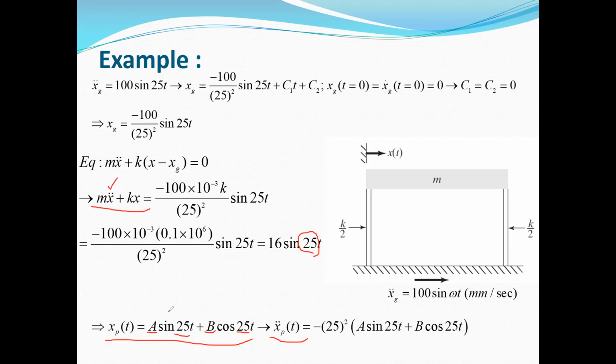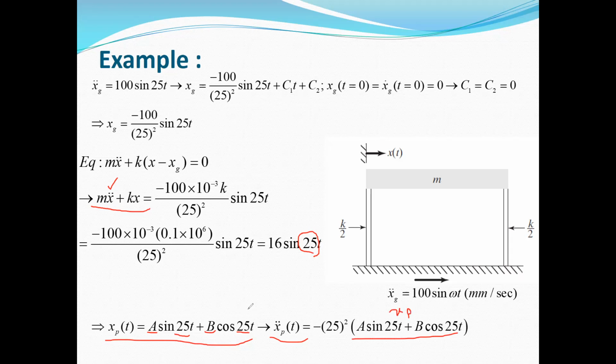You know that the acceleration of a harmonic displacement is minus omega squared times the displacement. So here xp double dot is equal to minus 25 squared times xp(t), which is a sine 25t plus b cosine 25t. This is the same as xp.